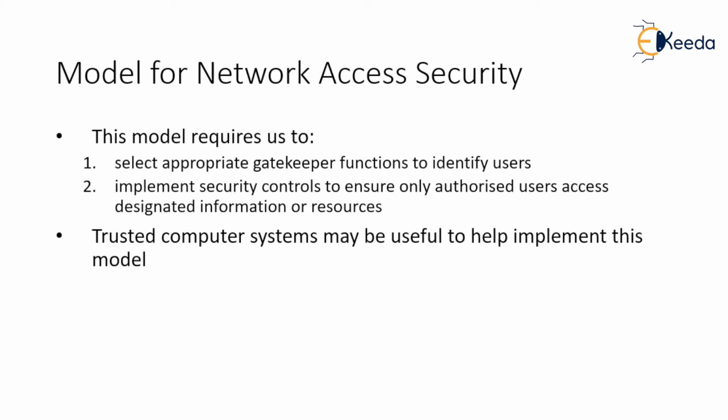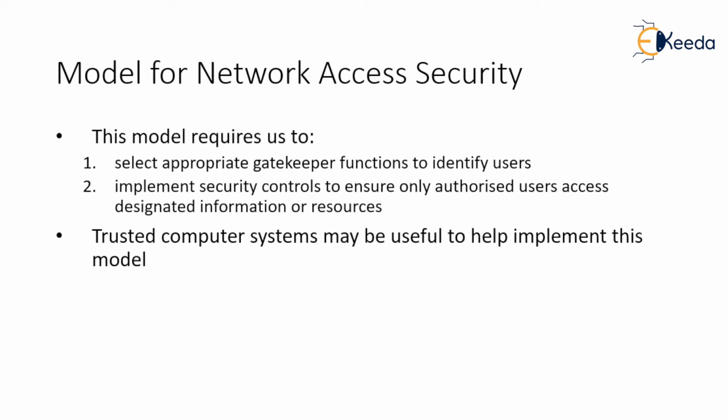We need to implement some security controls to ensure only authorized users access designated information or resources. Here we need to have trusted computer systems which may be useful to implement these models. That means for this network access security model, we need to have the proper gatekeeper functions. What are the gatekeeper functions?